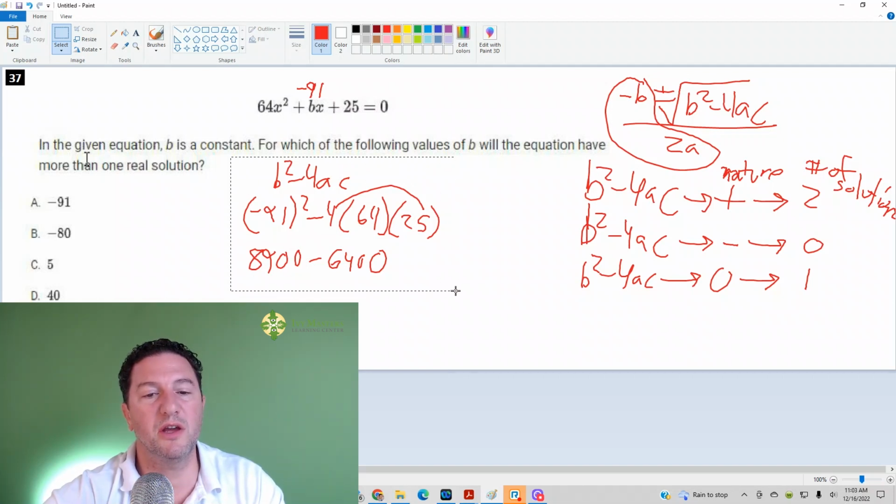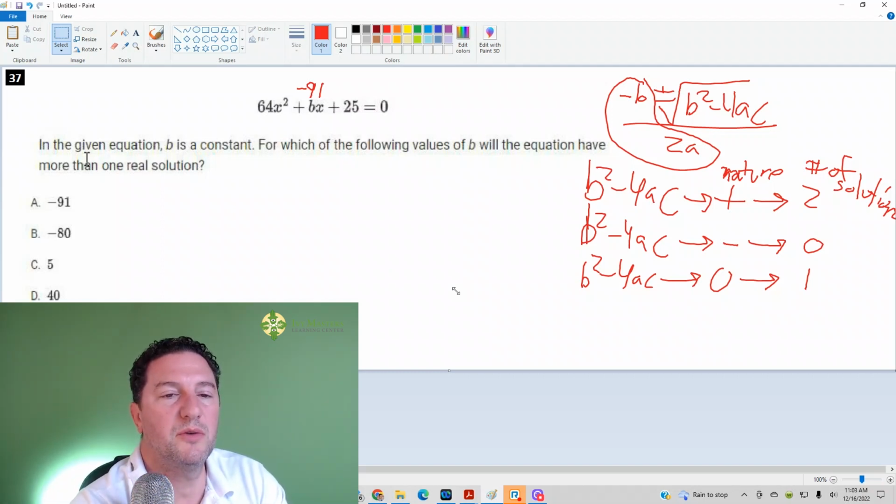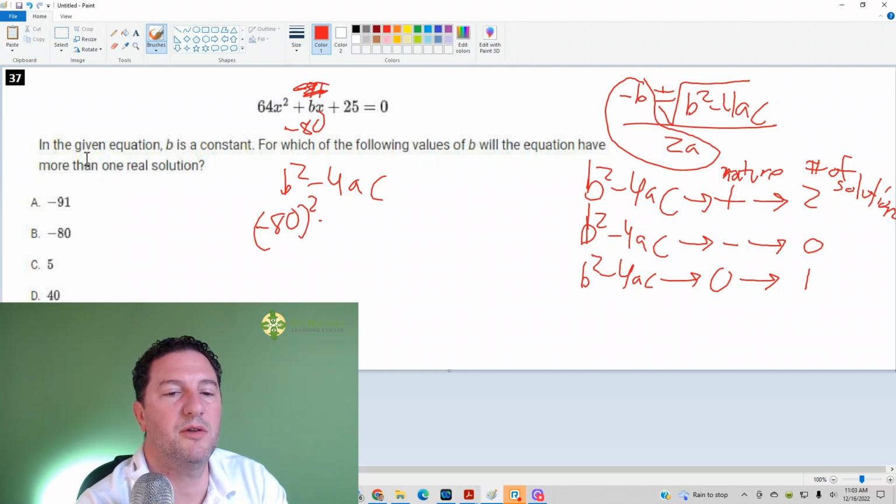Now let's just look at why one of the wrong answers is wrong. If we did negative 80 there, instead of the negative 91 we'd have a negative 80. So b squared minus 4ac: your b squared would be negative 80 squared, minus 4, and your a would be 64 and your c would be 25.